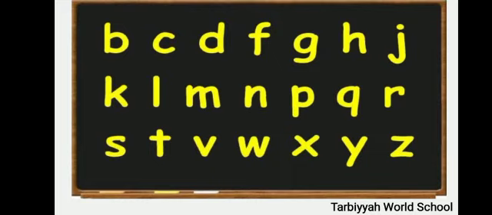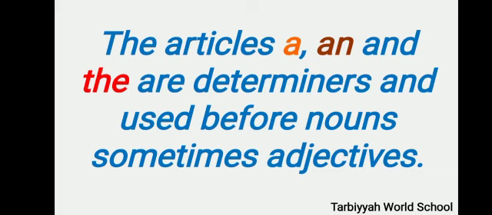B, C, D, F, G, H, J, K, L, M, N, P, Q, R, S, T, V, W, X, Y, Z. These are consonants. Now see, the articles a, an, and the are determiners and are used before nouns, and sometimes we use articles before adjectives.